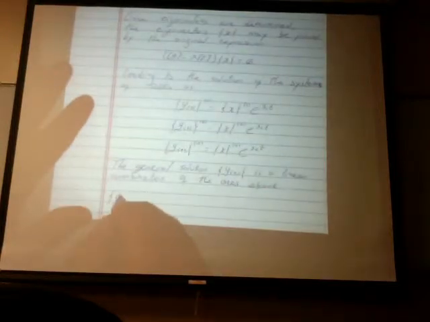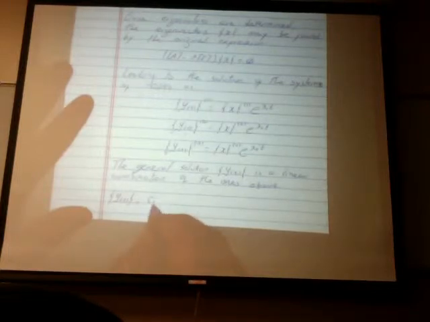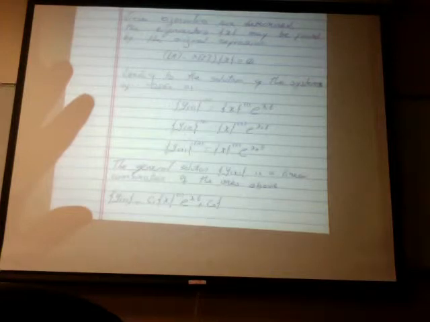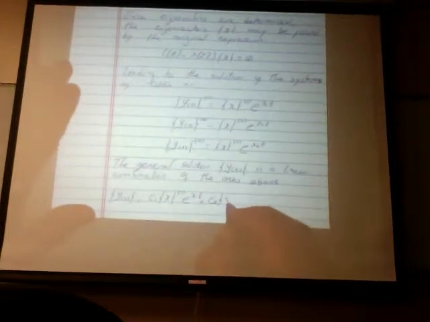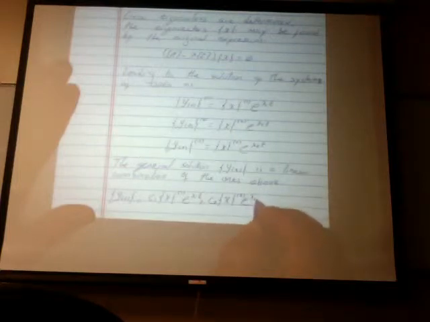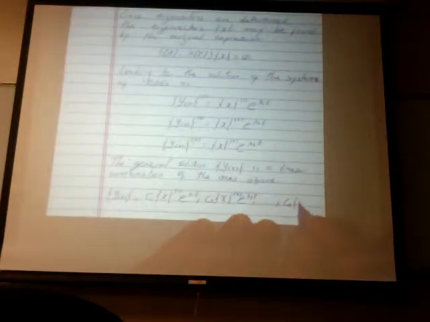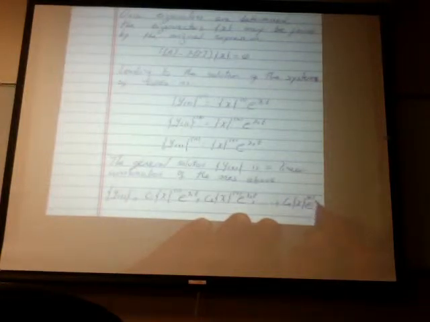So the general solution y of t will be equal to c1 times the first eigenvector times e to the first eigenvalue to the power t plus c2, and so on. A linear combination of constants times functions of t. And each of these functions of t is just an exponential function, plus Cn xn e to the lambda n t.